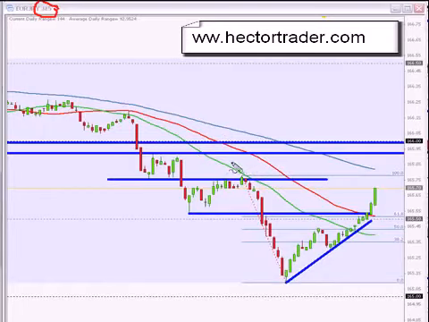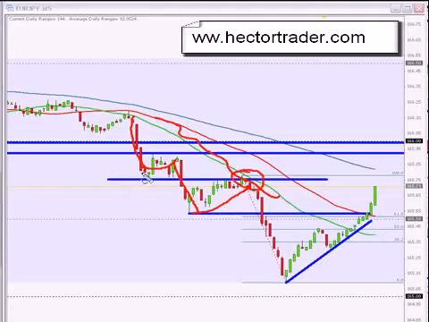Have a look here. Moving averages all pointing down, clearly a trending market to the downside. Price swings down, retraces back to the dynamic area of support with a confluence of elements.